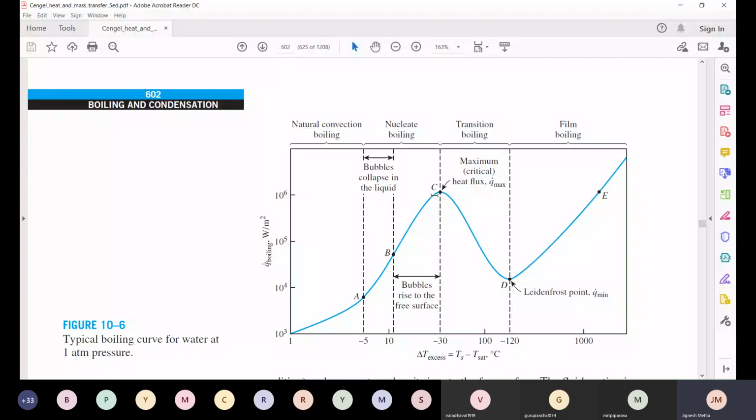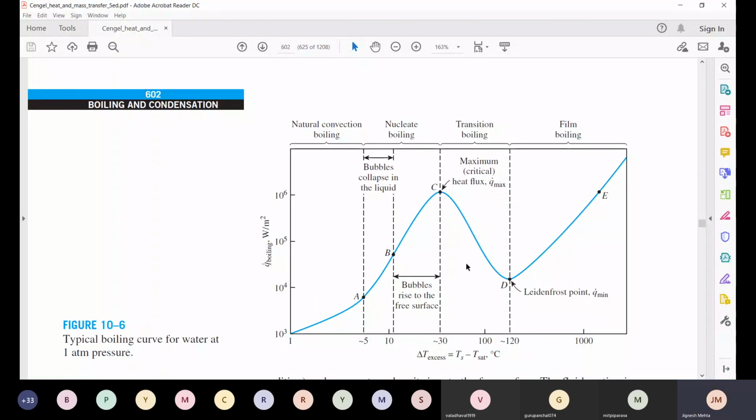In that case, he found that if he further increased the heat flux beyond point C, it jumps directly to this part, film boiling is seen, and he is still able to get this line where the heat flux is higher than the critical heat flux.